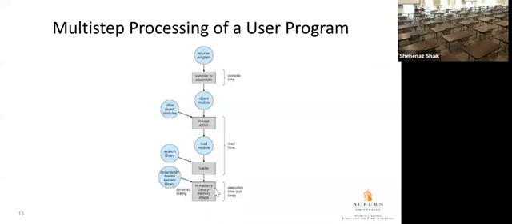The loader would simply load the program with the relocatable addresses or the logical addresses, and whenever the CPU is executing a specific instruction, if it sees a logical address, then the memory management unit will step in and make that conversion in line as part of the execution of the instruction.